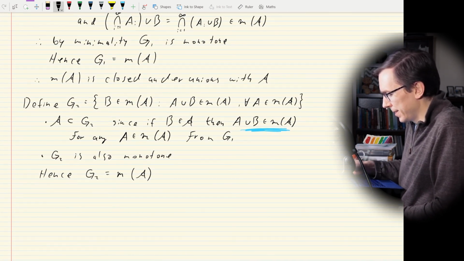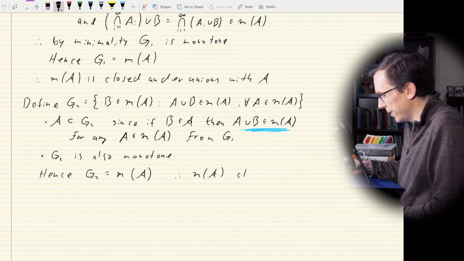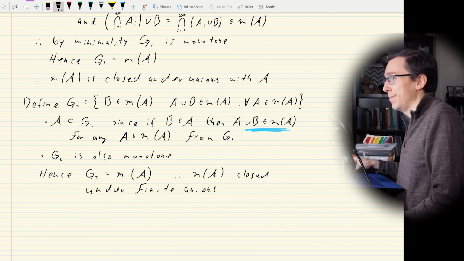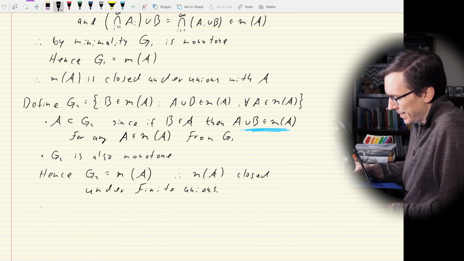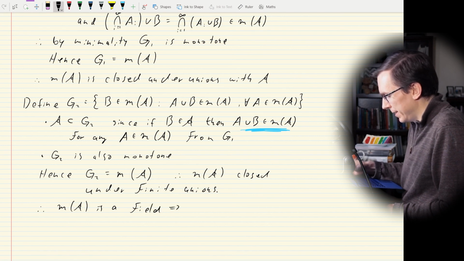Because, therefore, M_A is closed under finite unions. Good stuff. Therefore, it's a field. Therefore, M_A is a field, and by my claim above, also a sigma field.